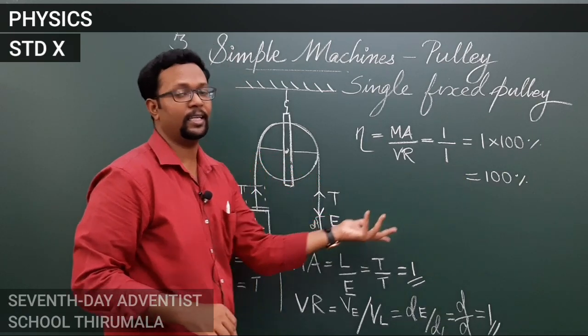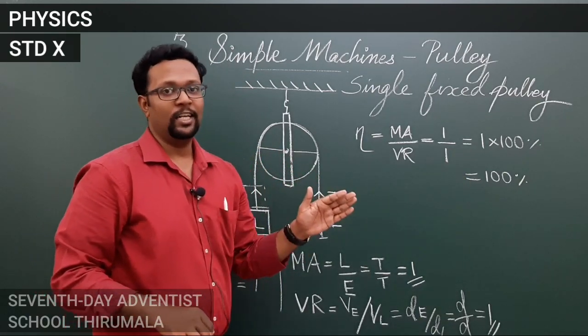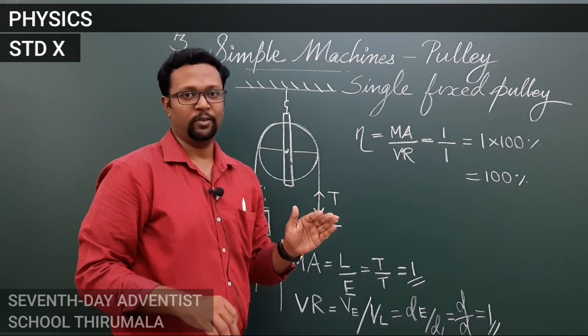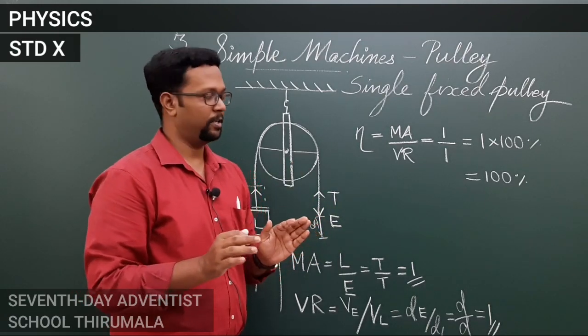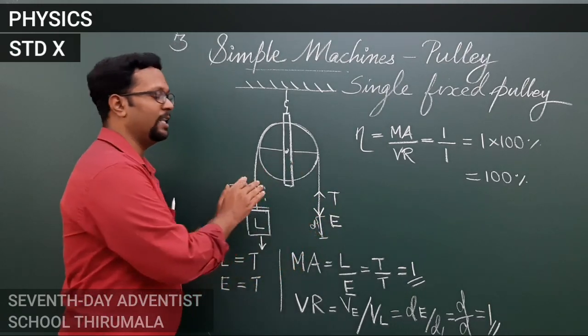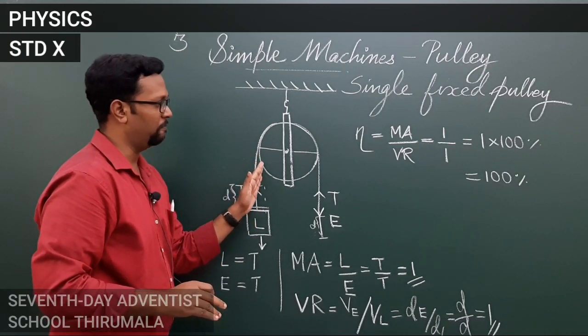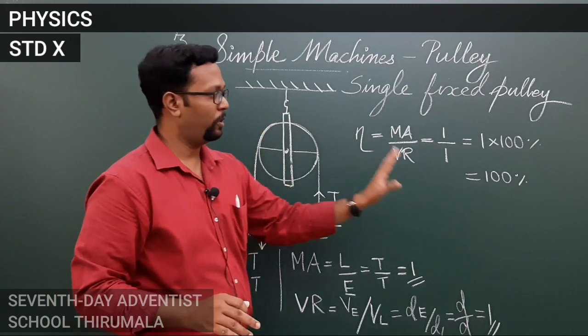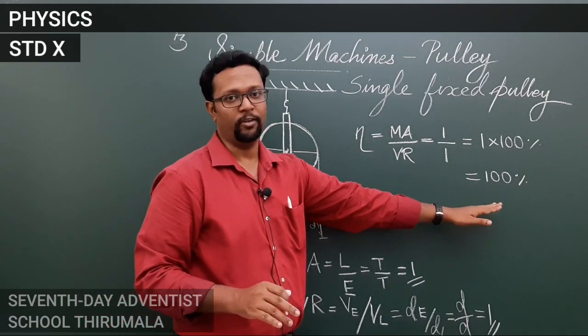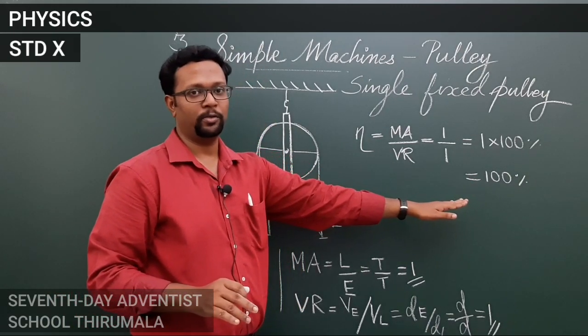But we also learned that no machine is 100% efficient. Only ideal machines are 100% efficient. So there is something related to this pulley which makes it not attain 100% efficiency. So what are those things?